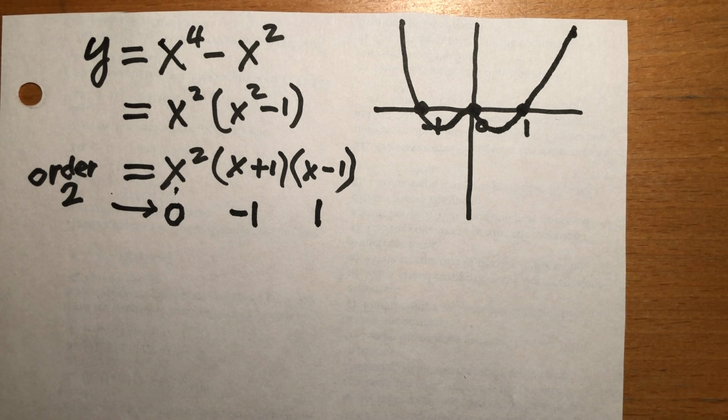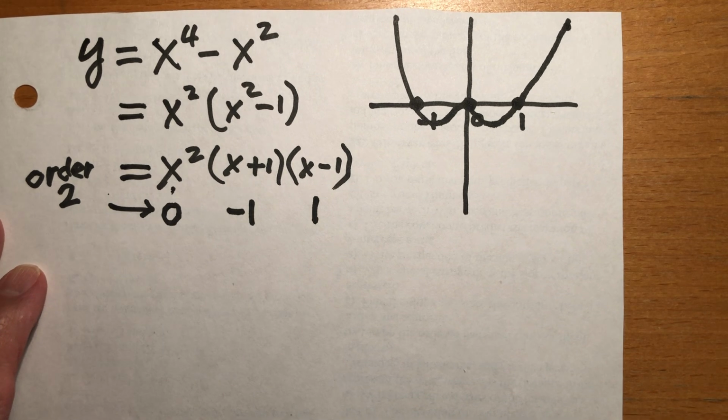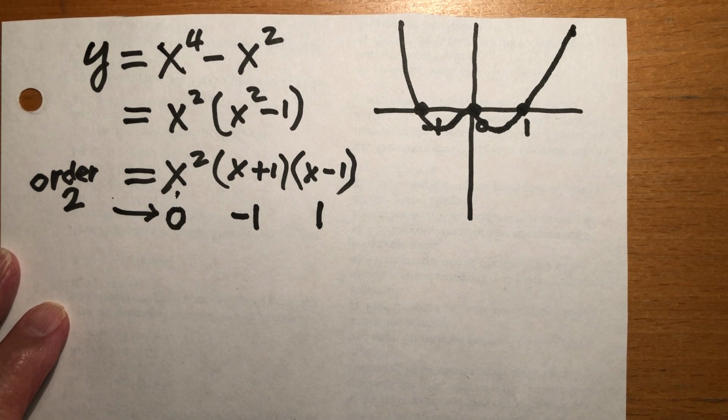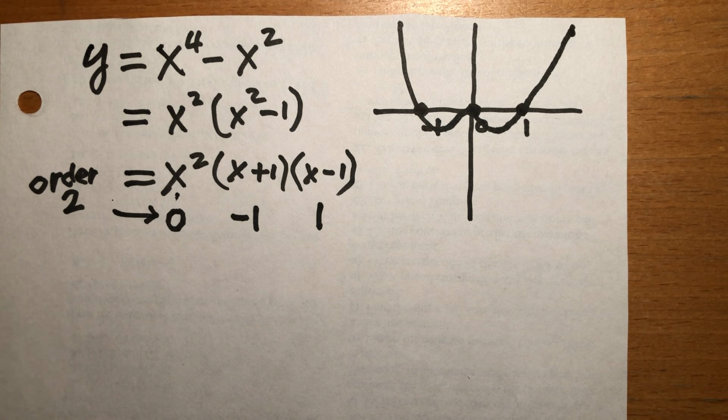If you can factor it, then it may be easier. Then the x-intercept is found by letting each factor be 0. And then again you find the y-intercept. Once you have the x-intercepts, y-intercepts, and the information whether the leading coefficient is positive or negative, then you can draw the graph qualitatively.